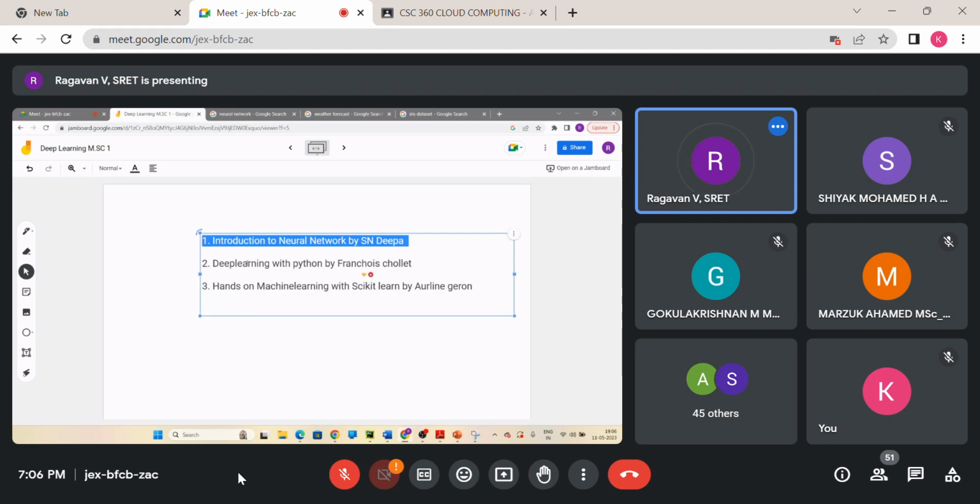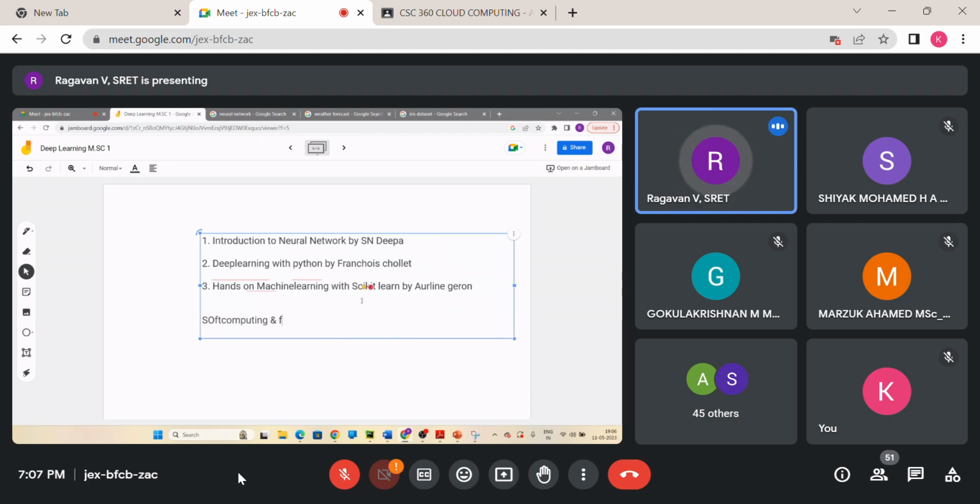There is another book by the same author called Soft Computing and Fuzzy Logic by S.N. Deepa. This is also a good book to grasp the GATE or NET examination concepts.